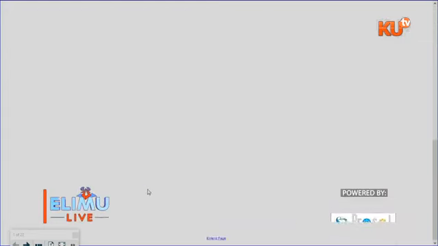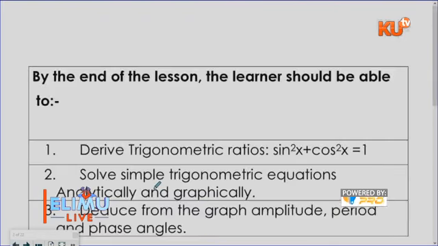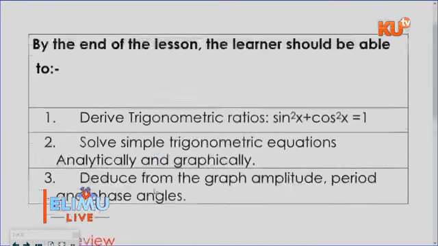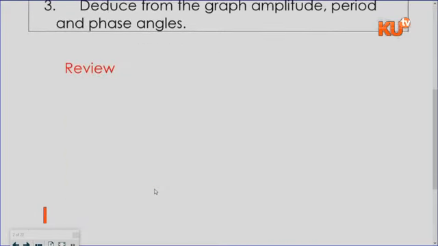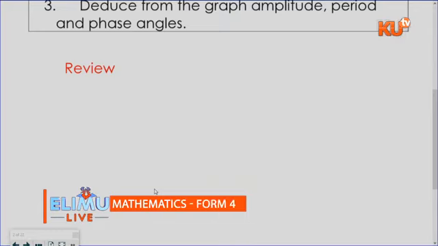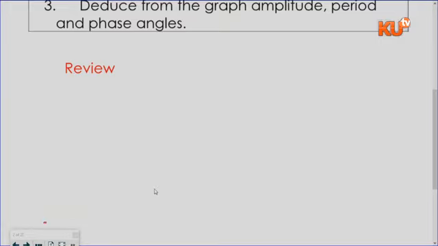I want us to very quickly recap what you did in Form 2 and in Form 3. In trigonometry 1, you learned about SOHCAHTOA. You remember, sine of any given angle theta was equal to opposite over hypotenuse.